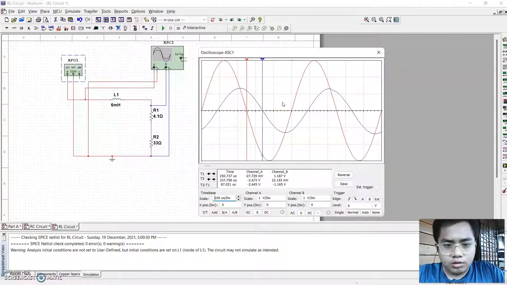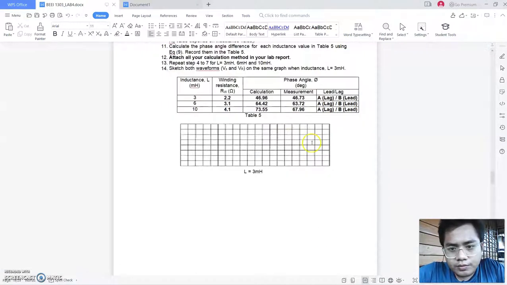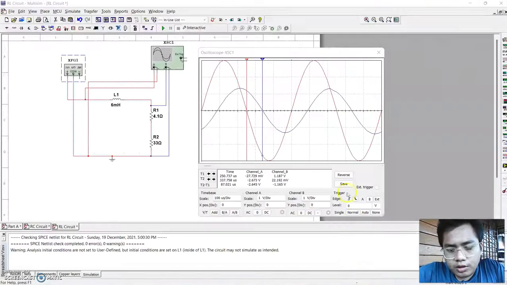So 360 divided by 500 microsecond times 97.201 microsecond gives 62.66 degrees. And the relationship is that channel B is leading channel A. So that's all.